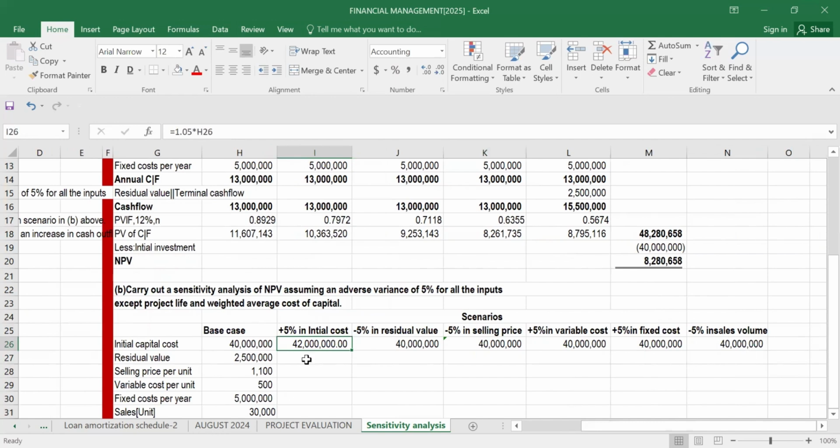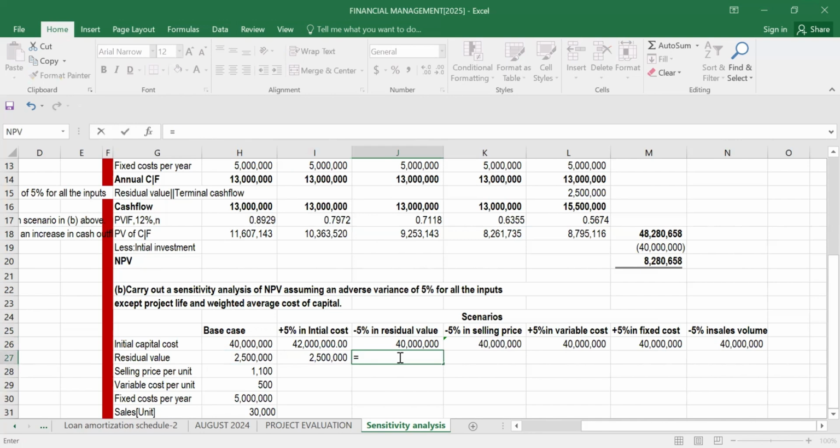So then we consider now the other variable, which is a 5% decrease in residual value. Under the first scenario, our residual value remains the same, 2.5. But in this case, it will reduce with 5%.